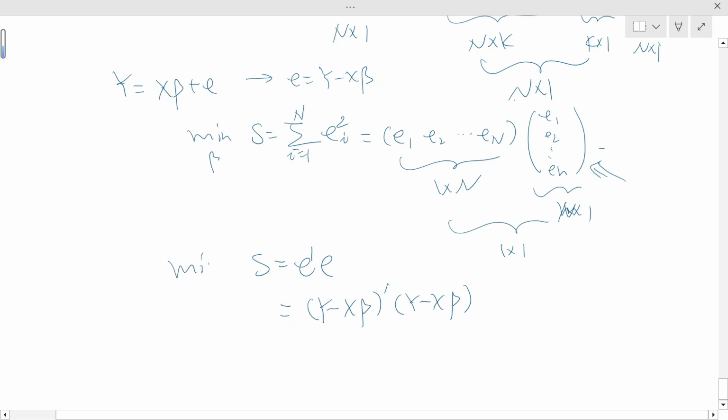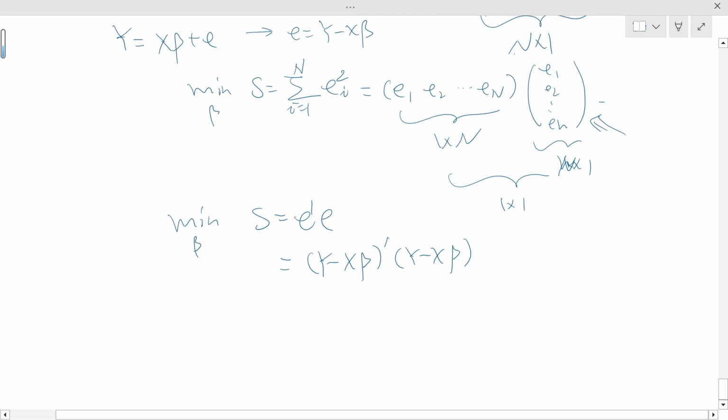And we want to minimize this quantity by choosing beta. You should know that this objective function is a quadratic function with respect to beta, the parameters. So it is well defined and has a unique global minimum.